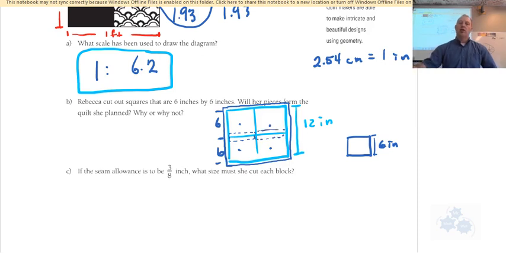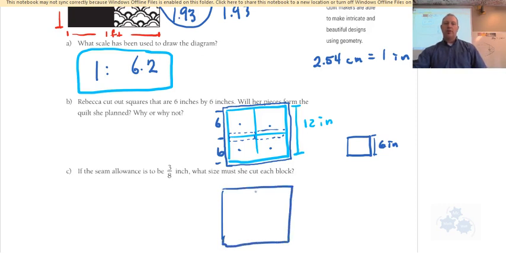That's what they're saying. So this right here, let me just redraw this for you. And you should maybe do this too. But if you have this block, right, you need 3/8 of an inch more on every side to make sure that you have something to sew to the next piece that lines up with it.